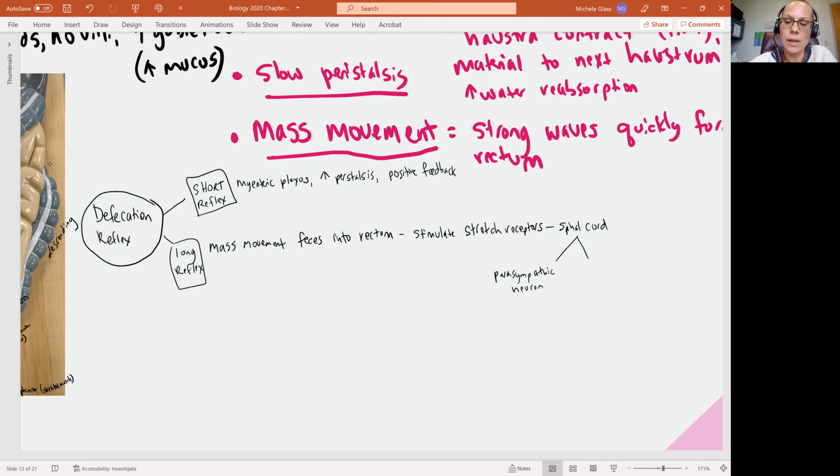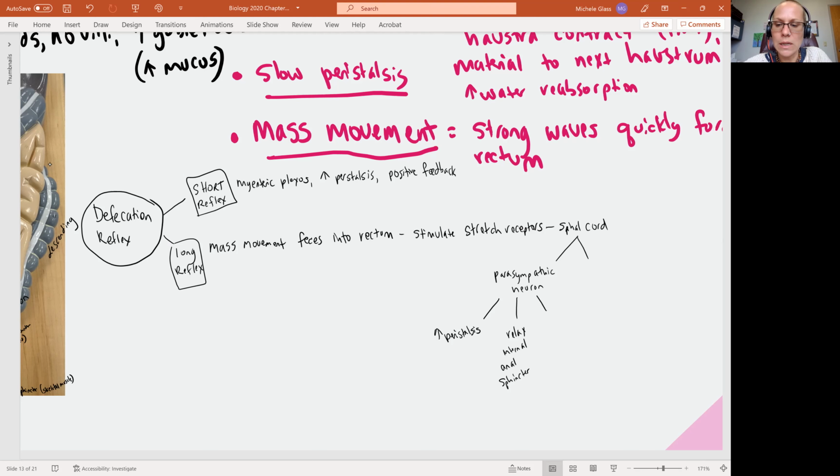They are going to do three things. They're going to increase peristalsis, or you can think of that as your mass movement, right? Increase the movement. You're going to relax the internal anal sphincter. So remember, that's the one we said the default is it's always closed. So now we need to relax it. So now we're getting very close to our exit.